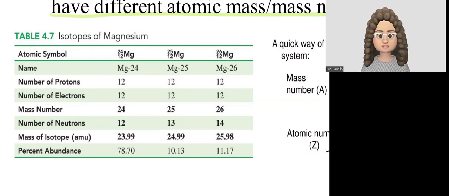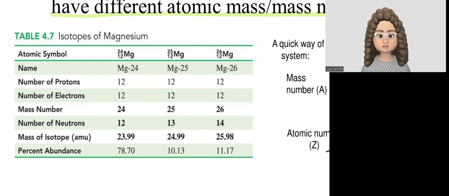When we look at the information given in the table, we can observe that since we're talking about magnesium, every single one of these isotopes is going to have 12 protons and 12 electrons, because that information comes from the atomic number.